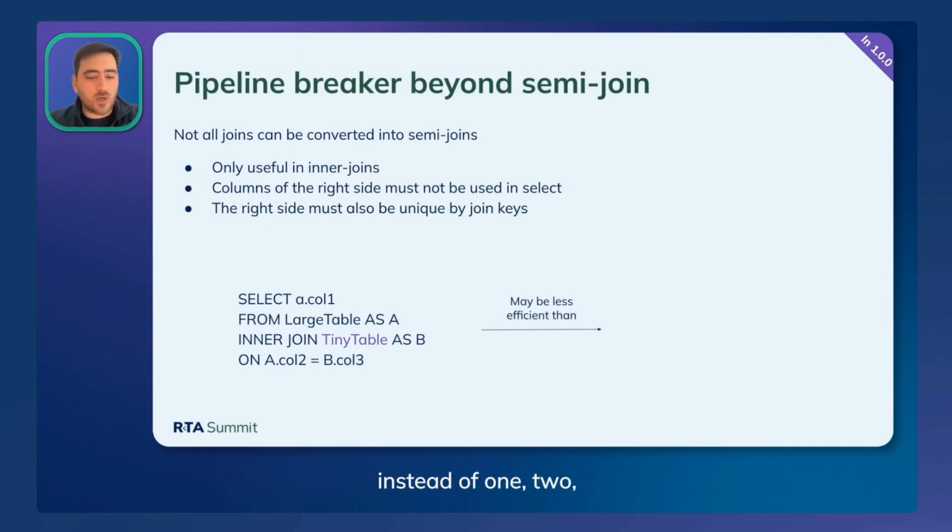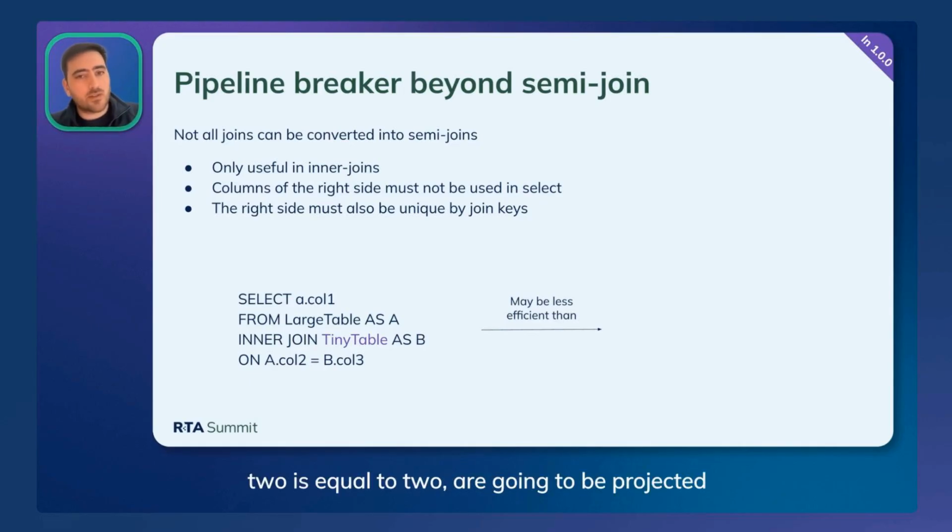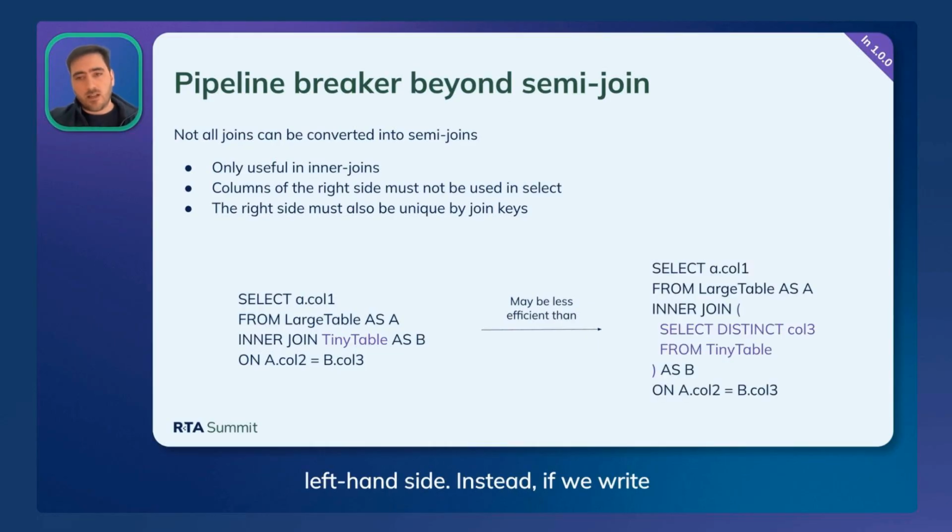Let's say that instead of 1, 2, and 3, the value is 1, 2, 2, and 3. Then all rows, sorry, in table A, whose column 2 is equal to 2, are going to be projected not once, but twice in the query that we have on the left-hand side. Instead, if we write something like the thing we have on the right-hand side, where we have added this distinct key, we are telling Pinot, hey, please drop all repetitions, and then just use the unique values.